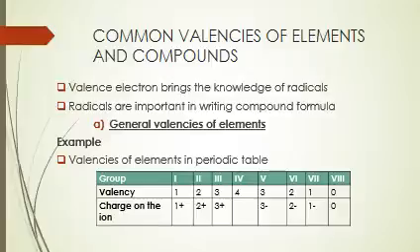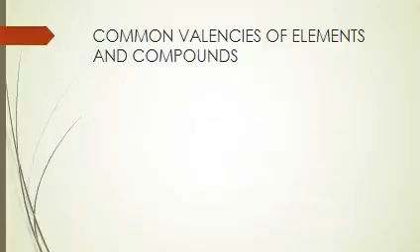I repeat, from group 5 up to group 7, the number of electrons to be gained is equal to the valence. So from group 1 to group 4, the number of electrons in the outermost shell equals the valence.